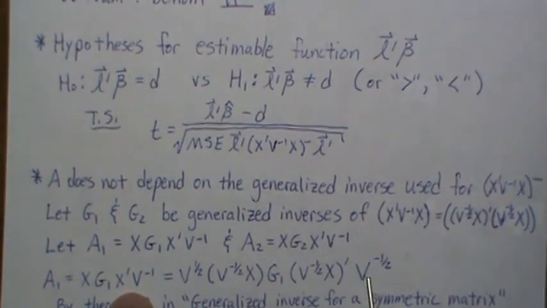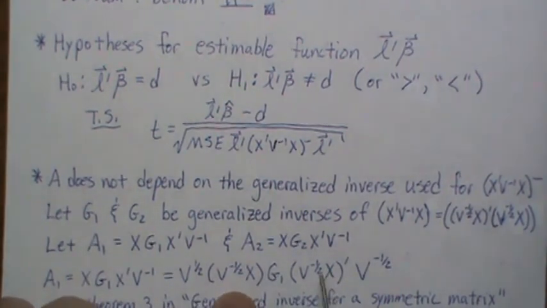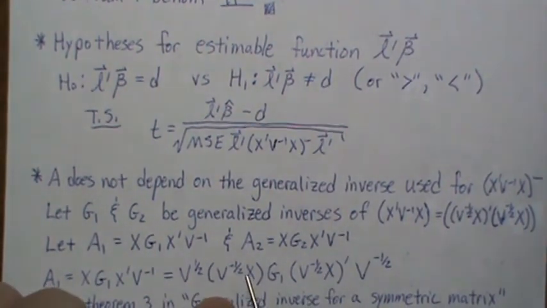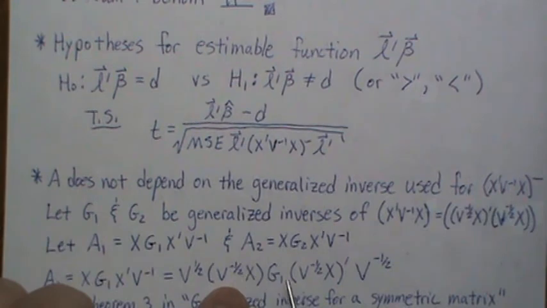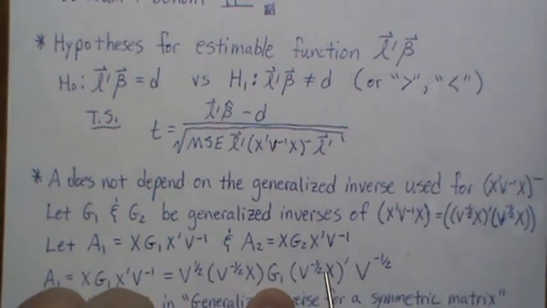So that's what we do here. And then we take one of them into here. And the reason we do that is, notice we have this matrix, and this generalized inverse is of this matrix, but this matrix is this matrix and this matrix.